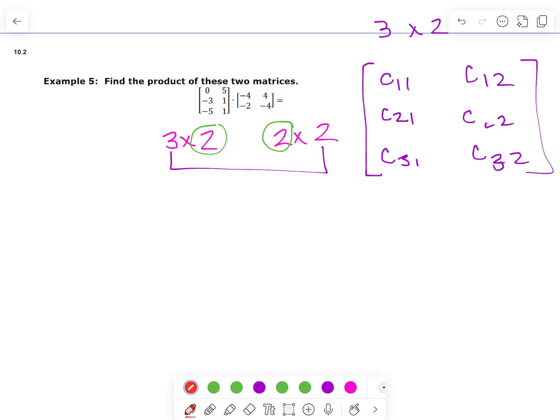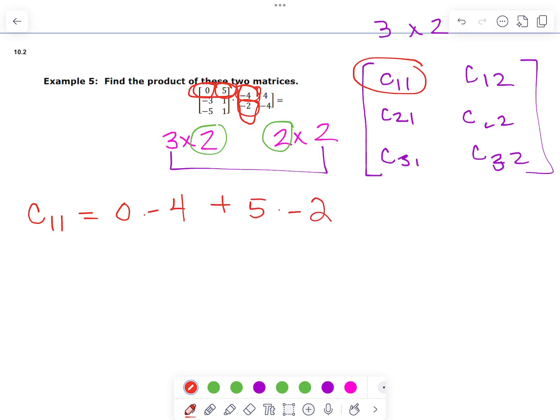You're going to multiply row 1 to column 1, and that'll give you that first element, C11. So you multiply the first element to the first element, second element to the second element. So you're going to get 0 times -4 plus 5 times -2. And then you simplify that and you get -8. Now, I'm just going to stop there.